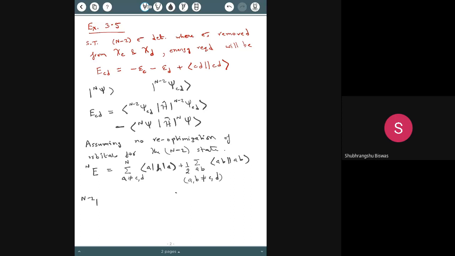Then n minus 2 E CD. Oh, sorry, this is n minus 2 CD. And then now I just write NE. And this is sum from 1 to n, AHA plus half sum AB, AB.